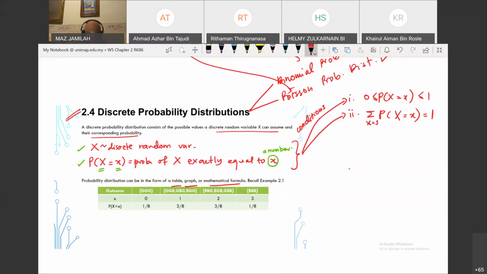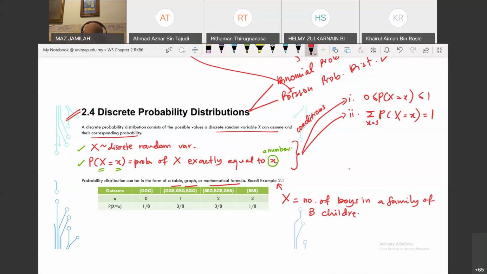in the description for this particular example 2.1, we are talking about having 3 children in a family. In this experiment, the random variable X is the number of boys in a family of 3 children.